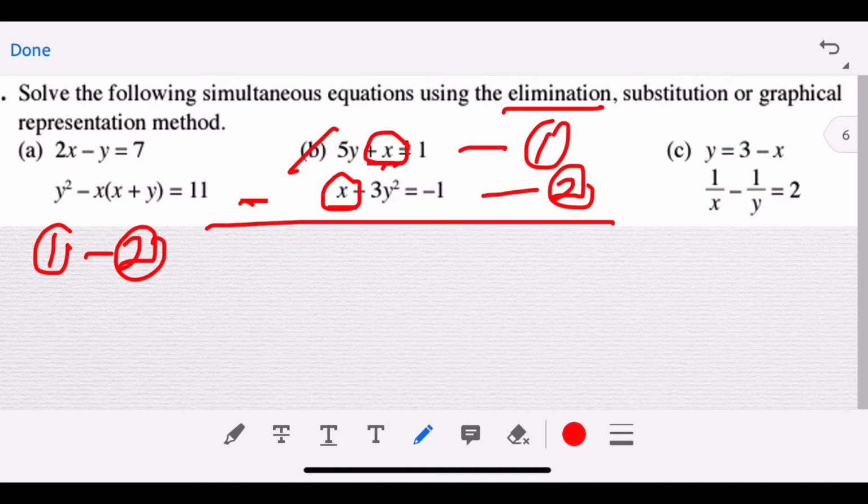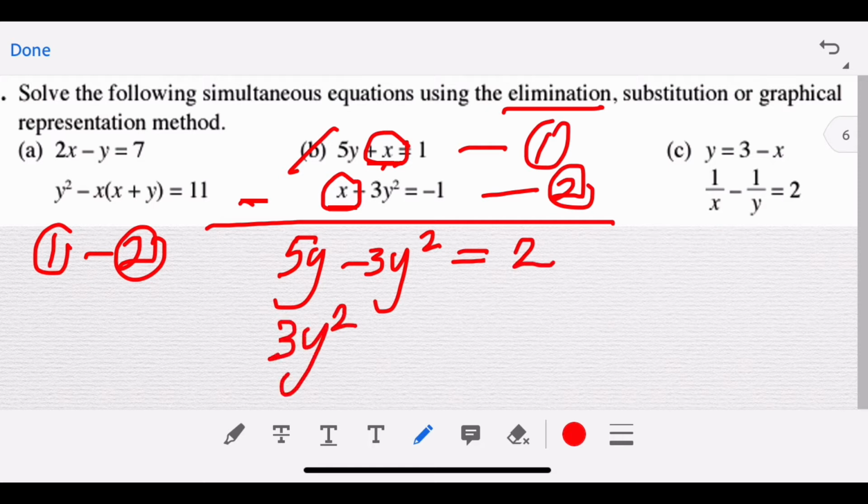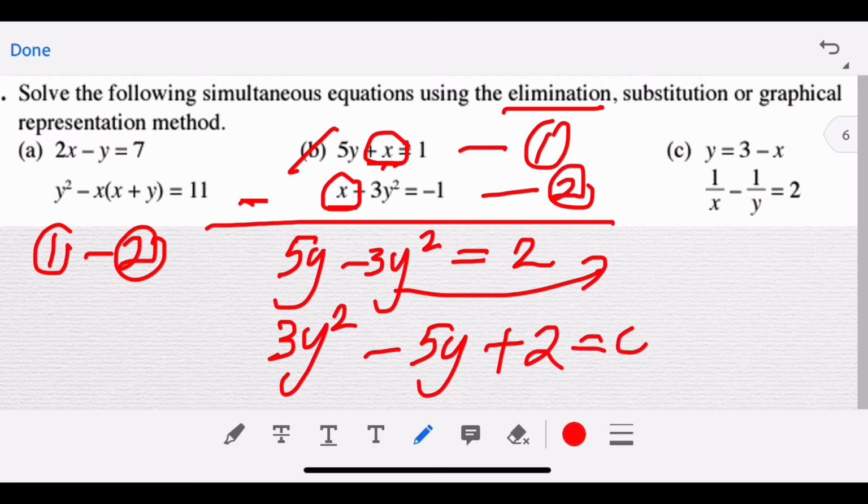Be careful: 5y minus 3y squared. The x minus x cancel out, and 1 minus negative 1 will be 2. Then you move to the right hand side, so it will be minus 5y plus 2 equal to 0.